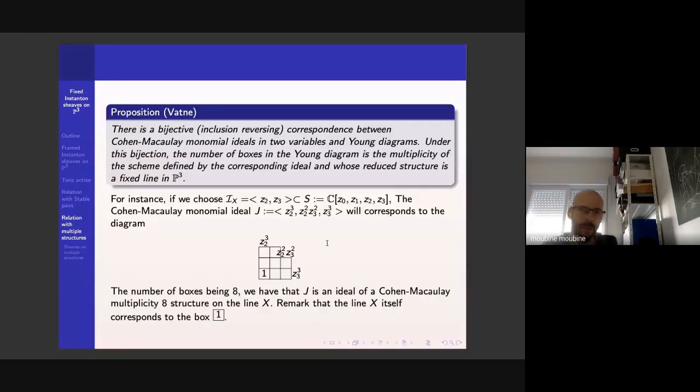In this case, I will take J given by Z2 cubed, Z2 squared, Z3 cubed, and Z3 cubed. And this will correspond to this diagram here. The number of boxes is 8, so the multiplicity is 8. If I consider just the simple curve, then it's associated to the box 1.